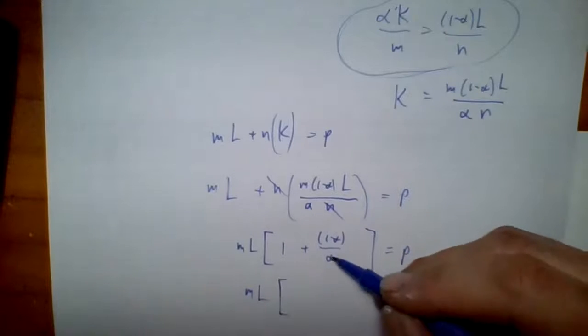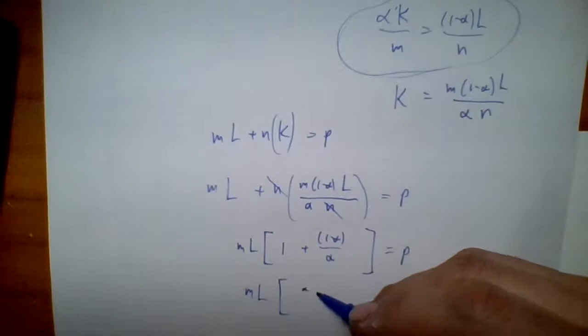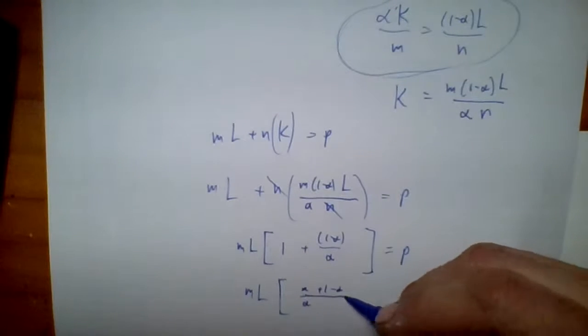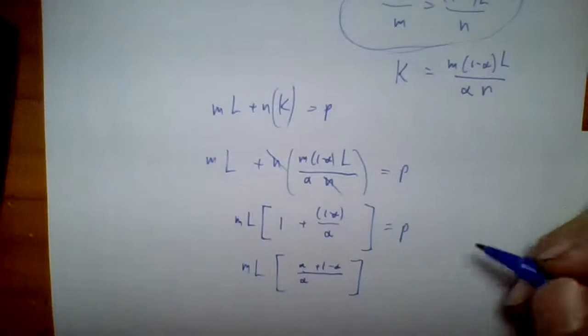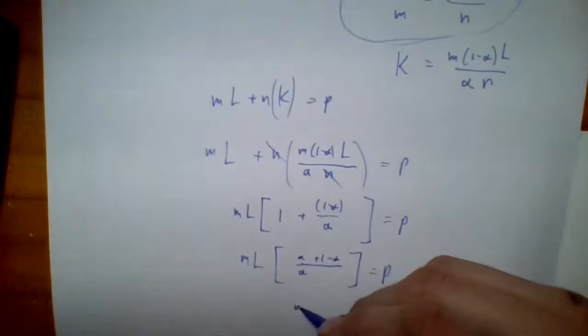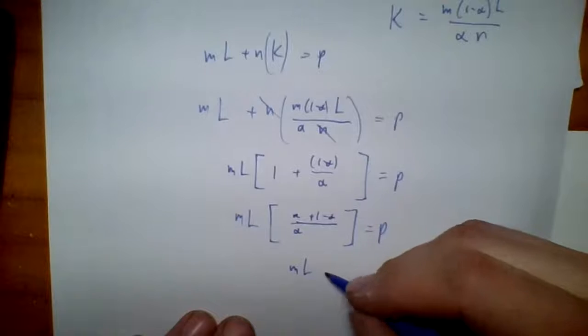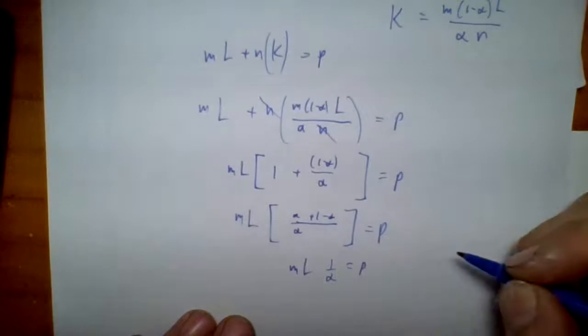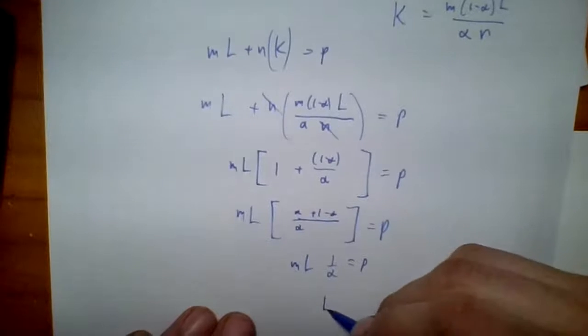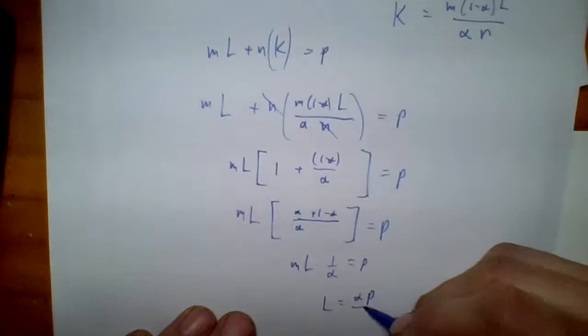But I'm going to go ahead and do this addition. That's alpha over alpha plus 1 minus alpha over alpha. So that's what I get with a common denominator there. It just comes out 1 over alpha. ML times 1 over alpha equals P. And so L equals alpha times P over M.